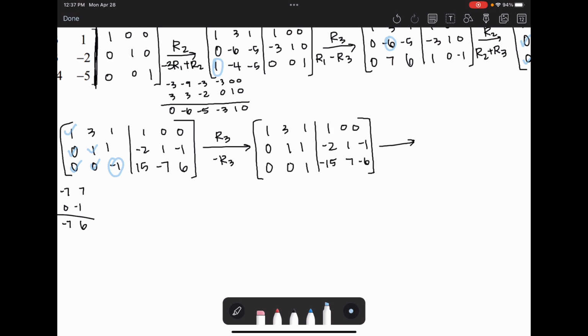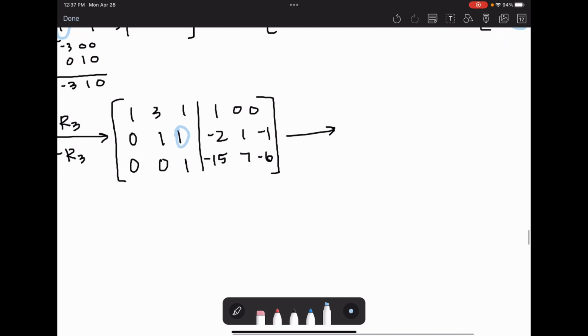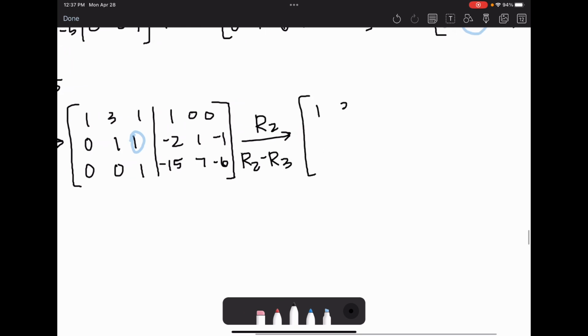Okay, next we did this, we did this, we did this, right? All of those are done. So now the next easiest one is to get that to be a 0. So in row 2, I'm going to do row 2 minus row 3. Top row does not change. Bottom row does not change, and the bottom row shouldn't change anymore because it's in the right form.